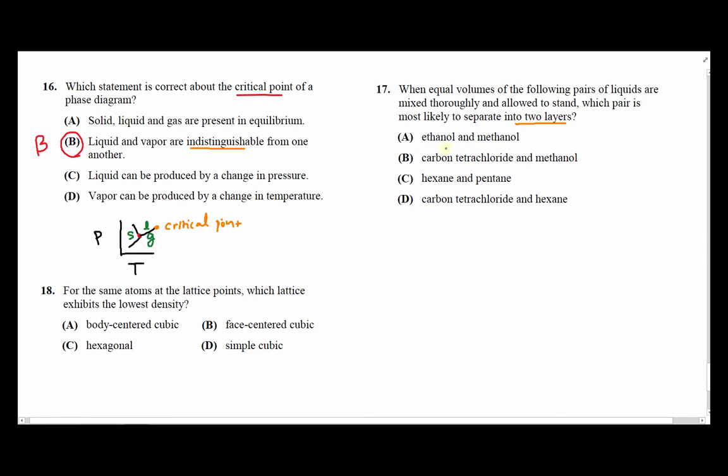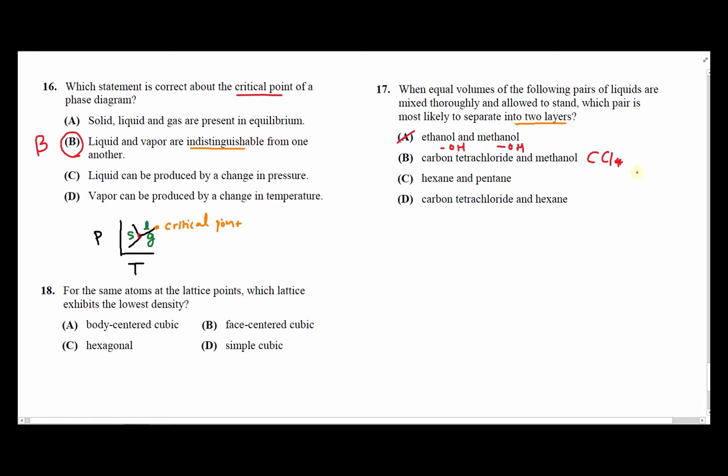Ethanol and methanol both are alcohols and they are very polar. They have the functional group OH that tends to form hydrogen bonds between them as an intermolecular force. So polar and polar, this is not the choice we want. Carbon tetrachloride and methanol. Carbon tetrachloride has a symmetric shape and it's non-polar.